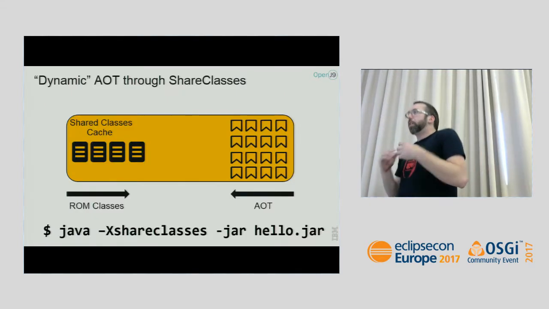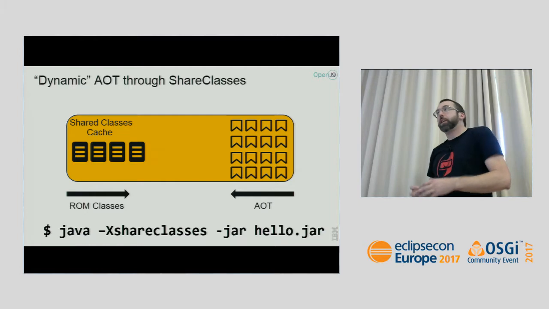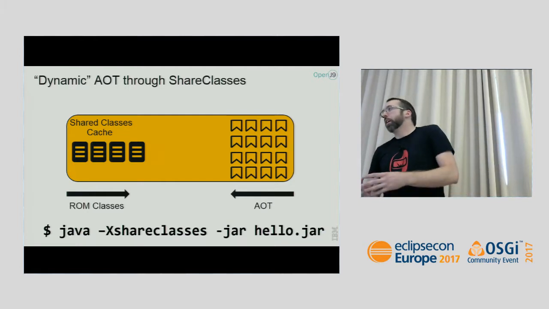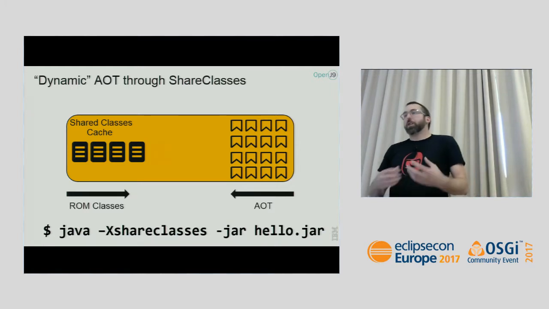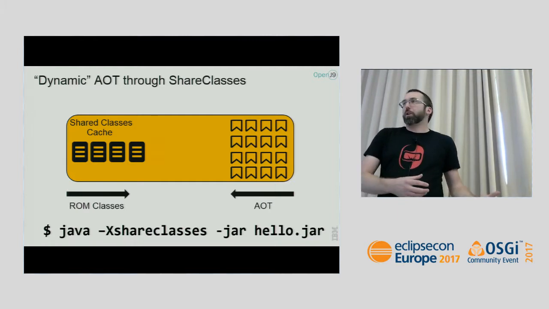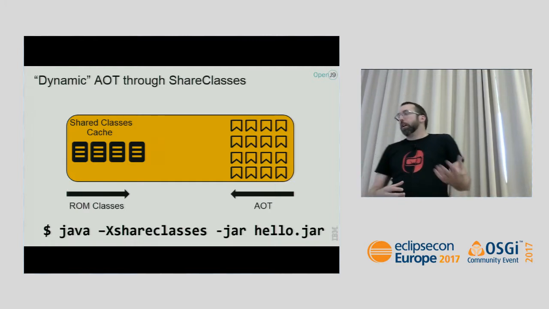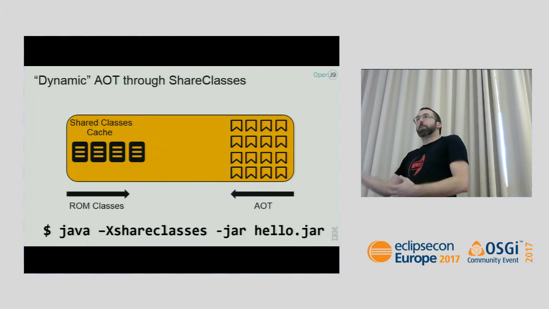But the cool part of the JIT is that for years now we've supported AOT in our shared classes cache. AOT is ahead-of-time compiled JIT code. This allows you at startup to memory map in basically ready-to-run JIT code for your application. In our shared classes cache, the first time you run, it keeps a bunch of information and compiles some code stored in the cache.